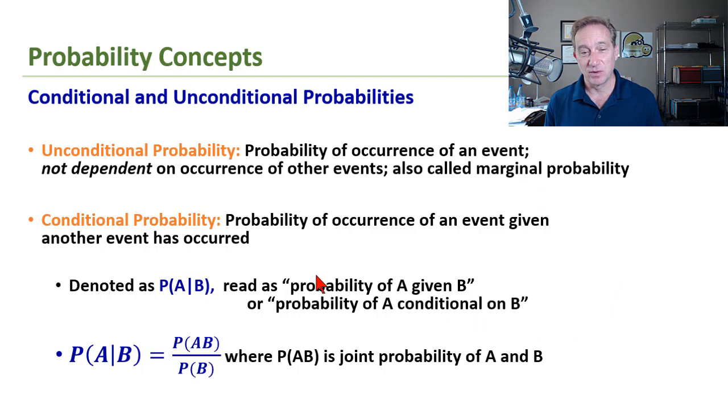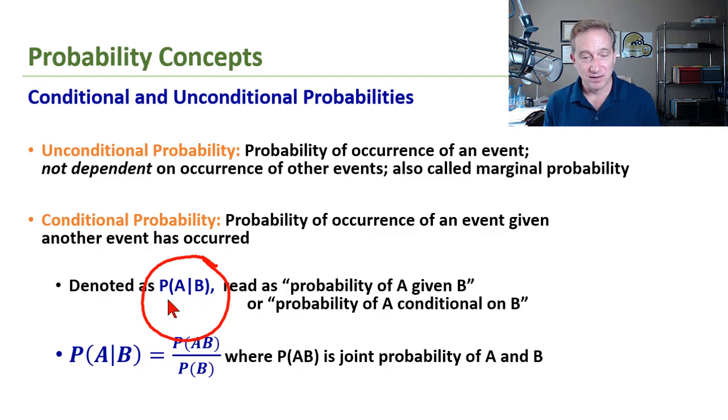As opposed to a conditional probability, which is the probability of an occurrence of an event given that another event has occurred. And so here is the notation for that. It's important to recognize this as a conditional probability. And now I will read it. There are at least 2 ways to read it.